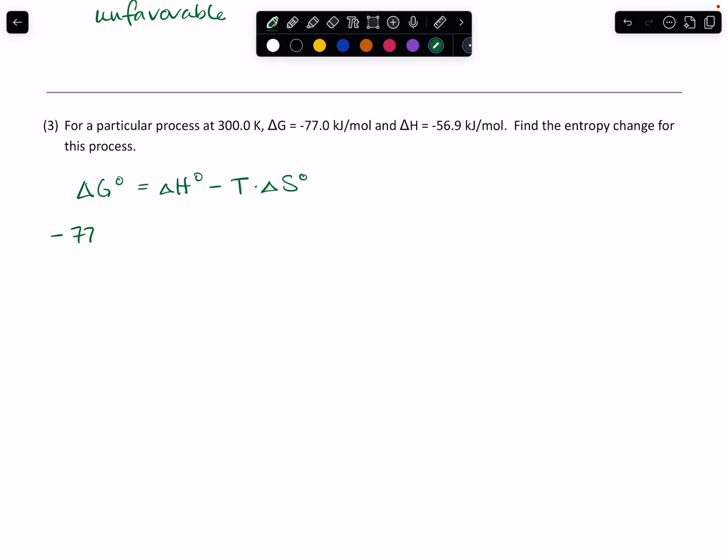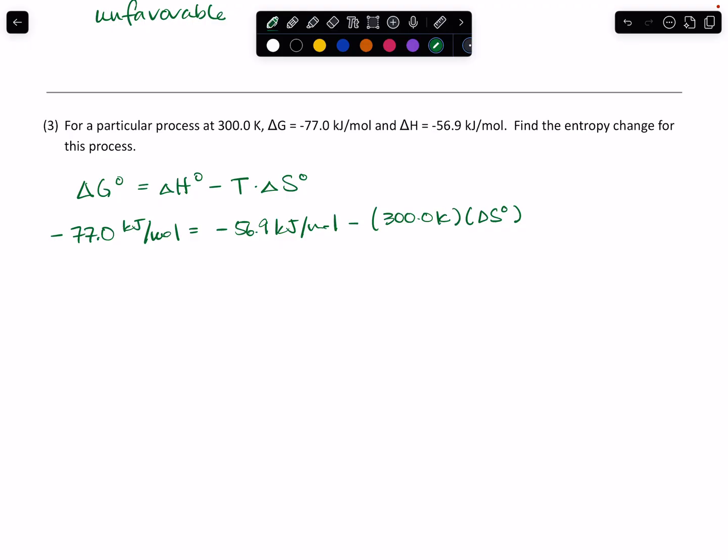We have negative 77.0 kilojoules per mole for our free energy, and we have negative 56.9 kilojoules per mole for our enthalpy. And we're working at 300 Kelvin. The unknown this time will be the entropy change.